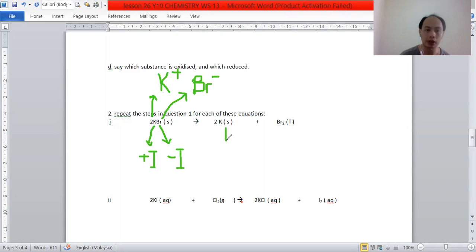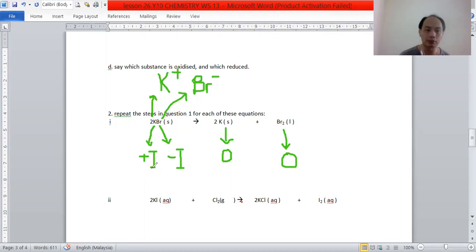So potassium becomes what? Potassium is an element, it's not in compound form anymore, so it's 0. Bromine, Br2, don't care about the 2, because they share electrons. One bromine atom and one bromine atom share electrons, so it is also 0. Now it's very obvious. One is oxidation, another is reduction.